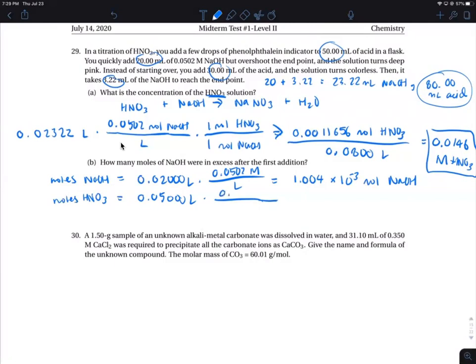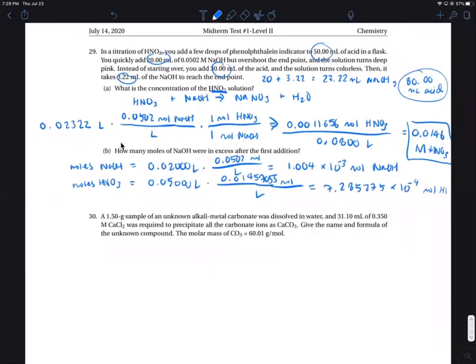I'm going to use the unrounded value, moles per liter. So that gives us 7.28275 times 10 to the minus 4 moles HNO3.